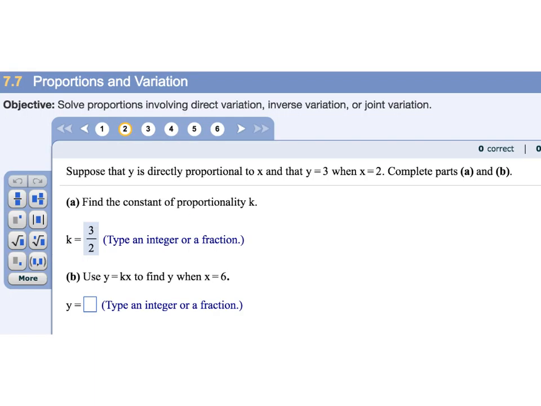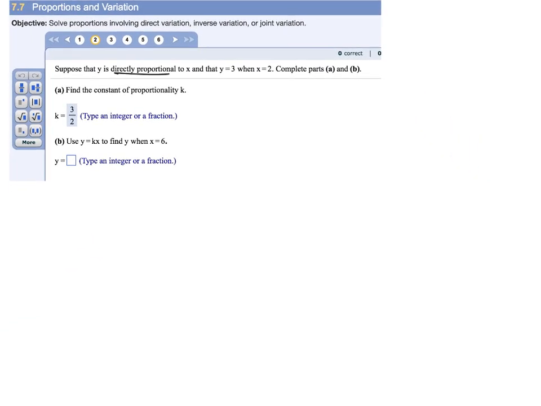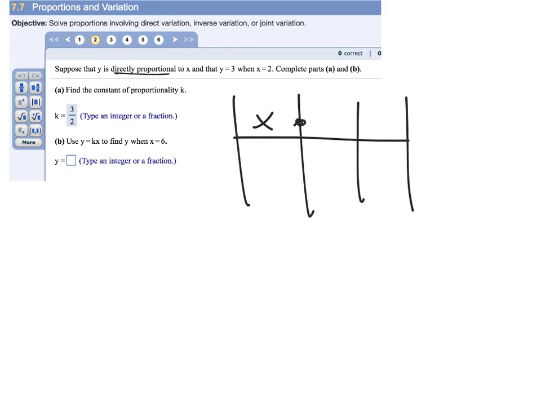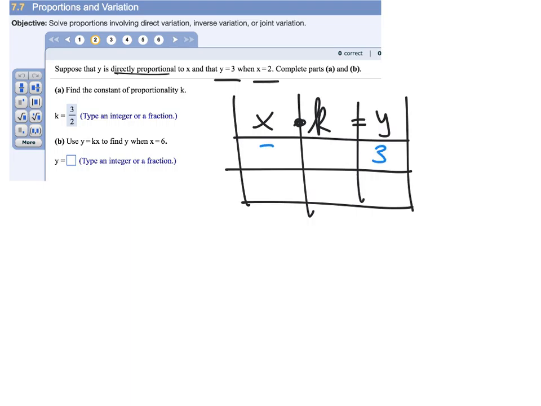So again, we're going to be doing a proportional table here, a proportion table. And our table is 3 columns. It's x times k equals y. All right. And so we are told that y is 3 and x is 2.